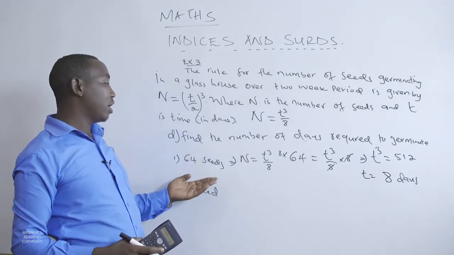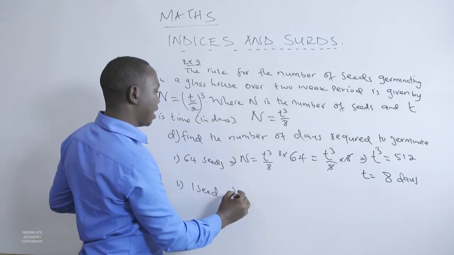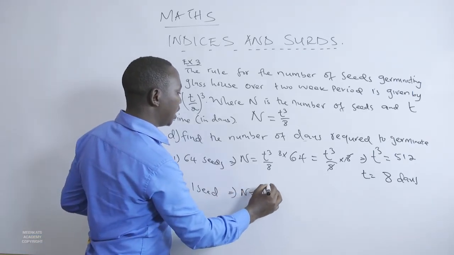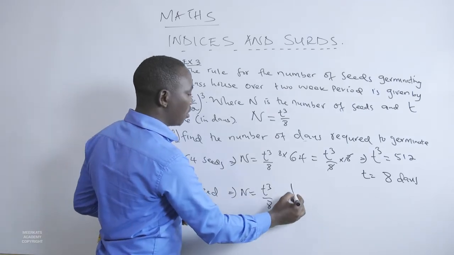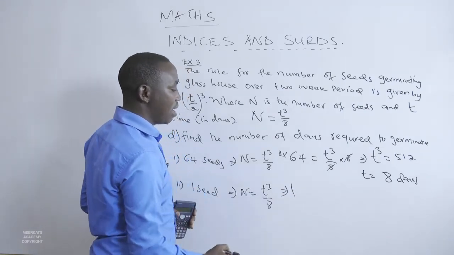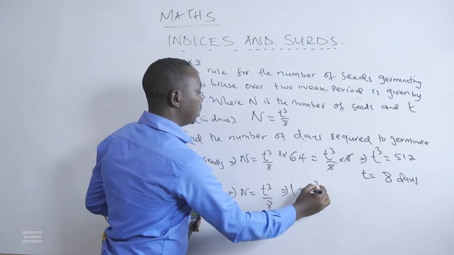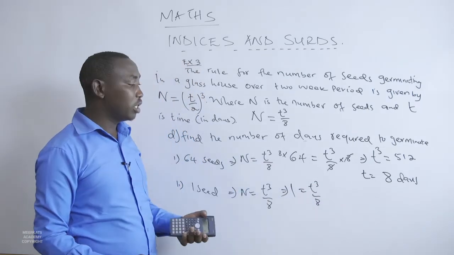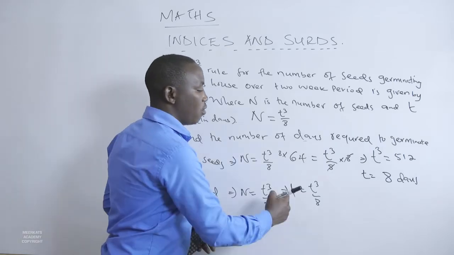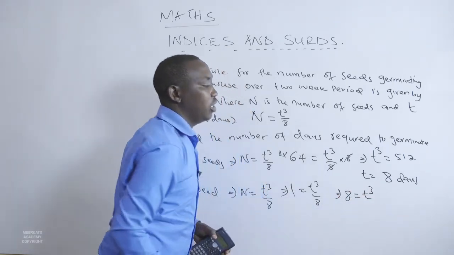What about if you are talking of simply 1 seed? Then again the rule remains, n is equal to t cubed all over 8, but n is 1. So we make the substitution: 1 is equal to t cubed all over 8. To eliminate 8, we multiply on both sides. 1 by 8 gives us 8 is equal to t cubed.